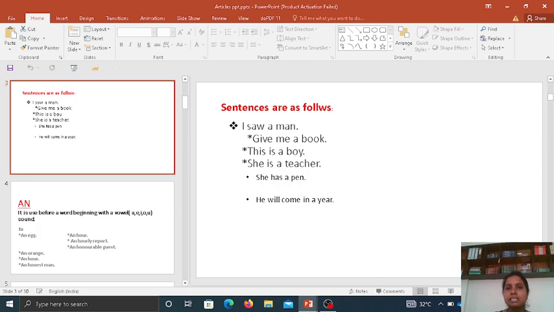Then: this is a boy. It may be anyone. She is a teacher. She has a pen. He will come in a year. In this way, we use it singularly and it shows indefinite or uncertain information.